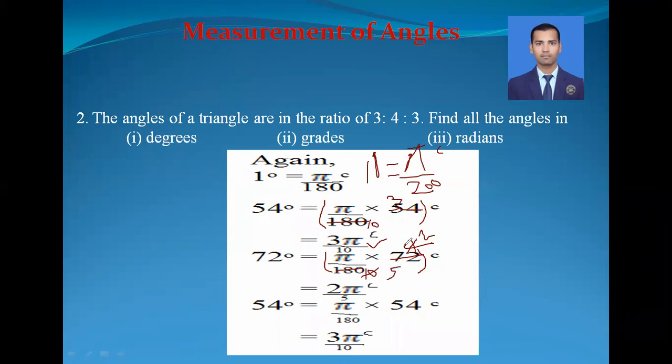So after multiplying, 2 pi by 5 radian is our second answer in radian. Again, 54 degree is equal to pi by 180 into 54 radian. After cancelling them, as we got 3 and 10, so 3 pi by 10 radian, our third answer.